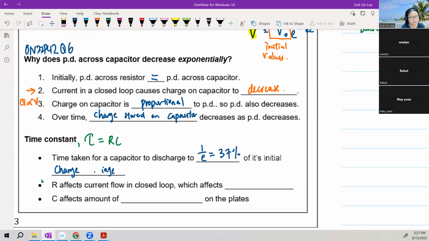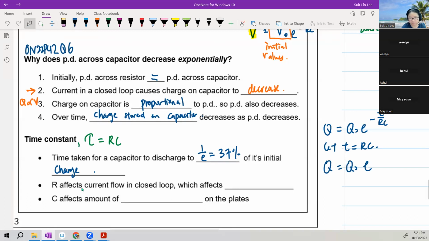All right. How did I get this? Well, let's say I borrow Q is Q naught e^(-t/RC). I will let t be equal to RC. So if the time that has passed is RC, RC over RC is 1, so the exponent is -1. So 1 over e.